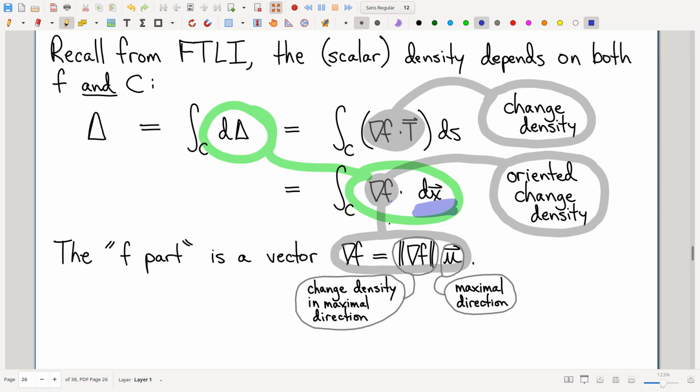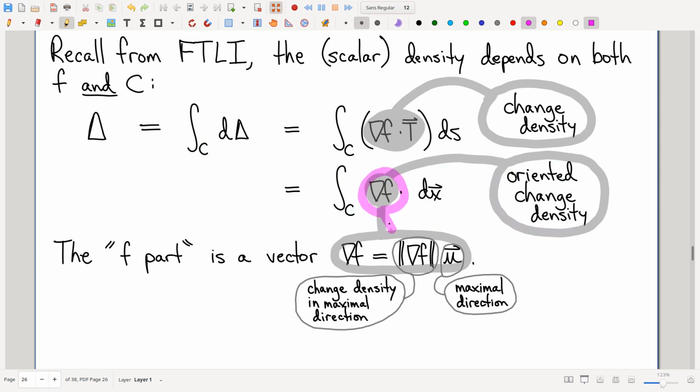And so oriented size is pretty literally just t ds. And with that noted, it makes sense to call the gradient itself an oriented density. I know it's a weird concept to think of a density as having an orientation, but it actually tracks pretty nicely with our interpretation of gradient, because the gradient does have a magnitude and a direction.